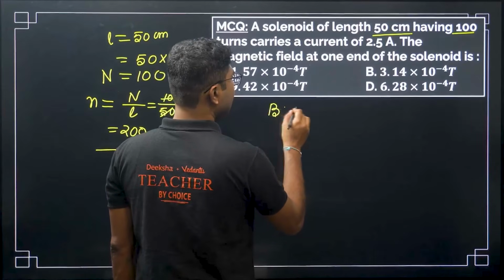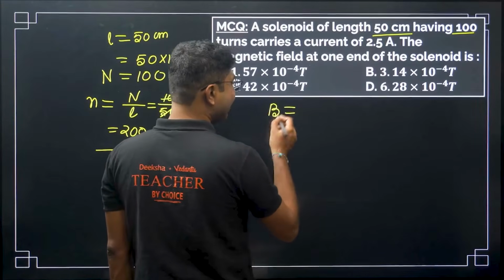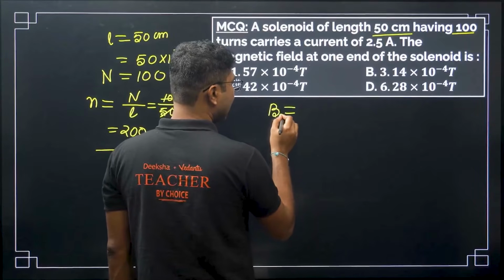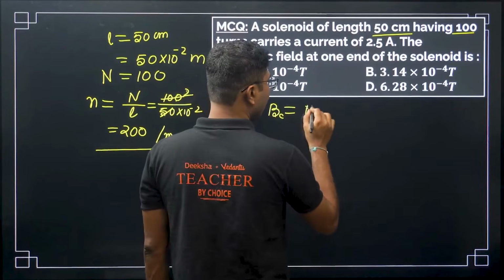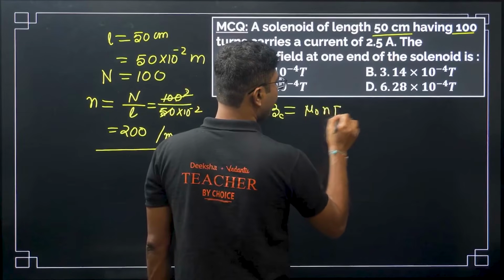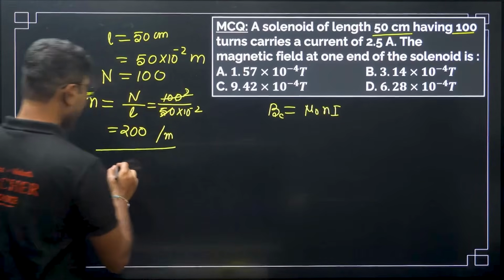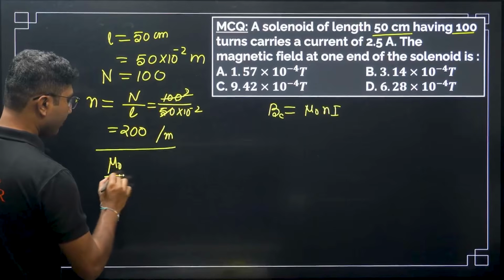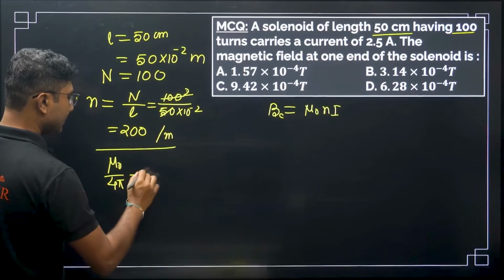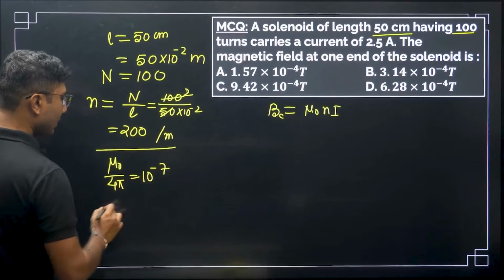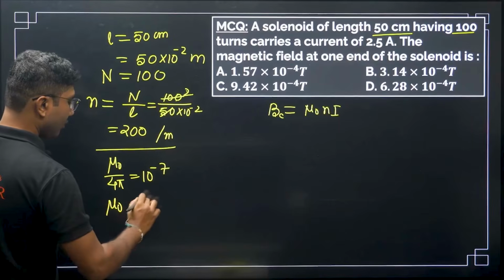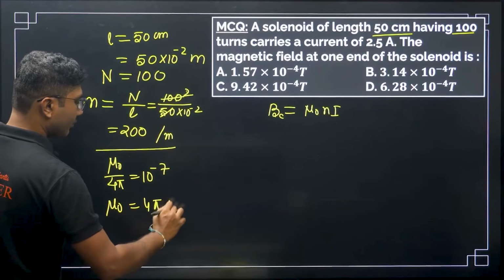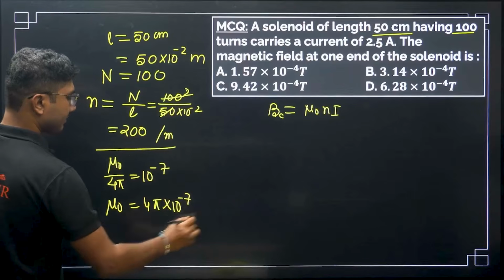B at center is given by mu naught n I. Now what is the value of mu naught? Mu naught by 4 pi is 10 to the power of minus 7. So mu naught will be 4 pi into 10 to the power of minus 7.